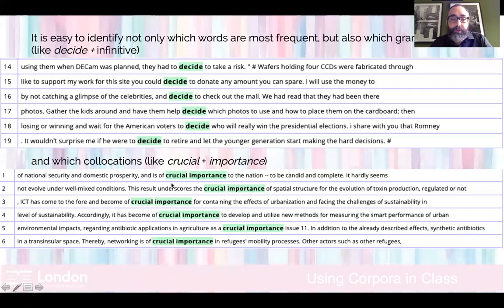Okay, like is of crucial importance, become of, and here networking is of crucial importance. So again, as you see, this gives us a little bit the patterns in which certain vocabulary is used or takes.